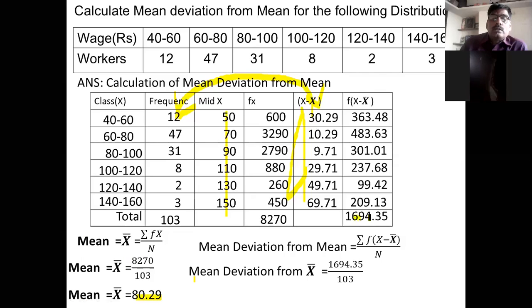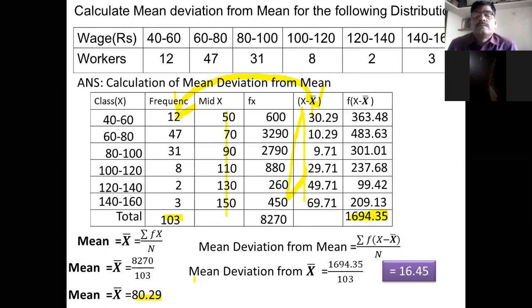You take this total. This total is called summation f into x minus x bar, divided by n. N is 103. Okay. Now the answer is 16.45. 16.45 is the mean deviation.